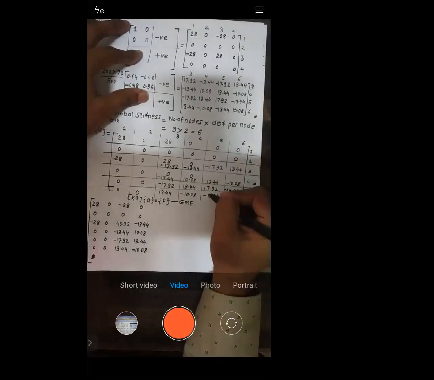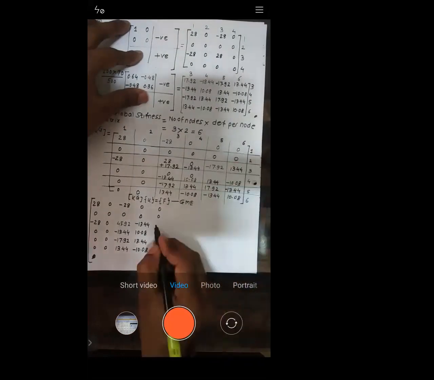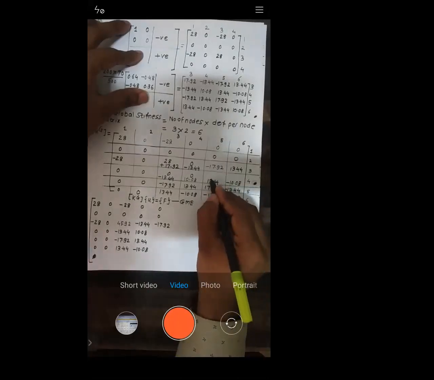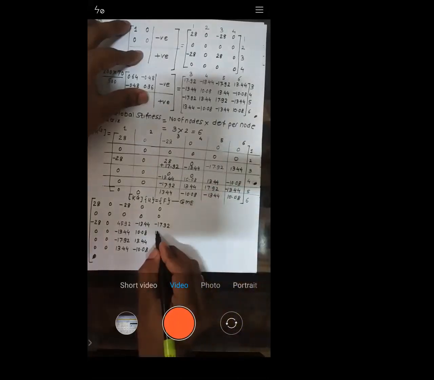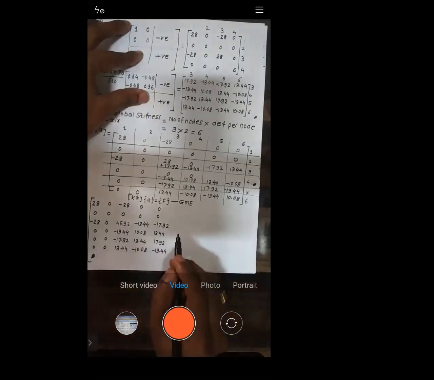This is 0, this is 0, then it is minus 17.92. Next here, 13.44, then 17.92, then minus 13.44. We are finished with the 5th column.